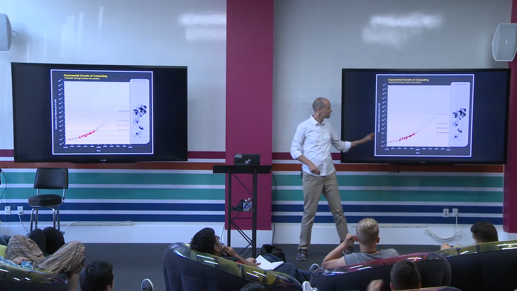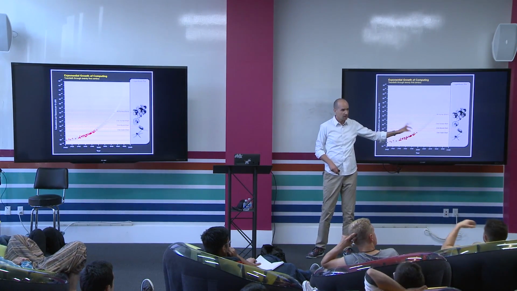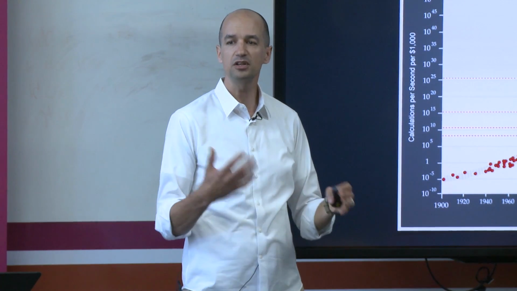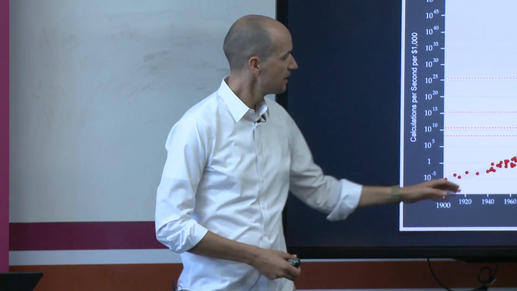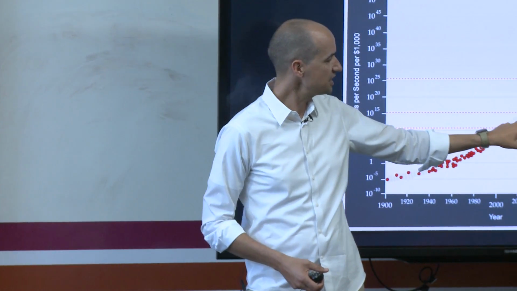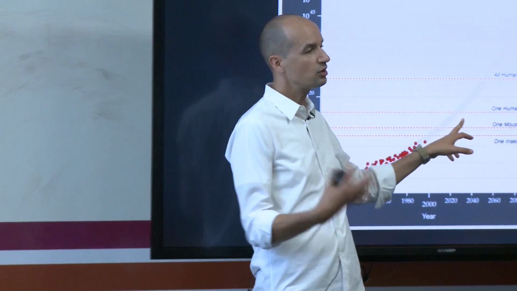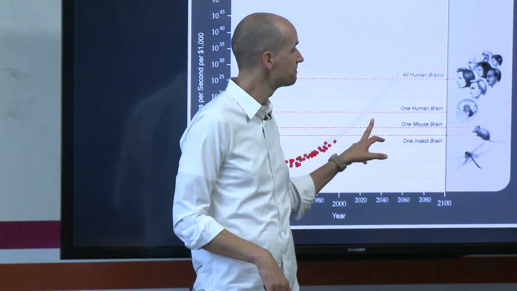One fun thing you can do with this graph is extrapolate it. This graph has been true for the last 110 years. Let's assume it stays true. There's not a lot which shows that it shouldn't. You can predict the moment when you have the raw compute power of a human brain, which happens in 15 years. So by 2030-ish, you will have a computer with the raw compute power of a human brain.